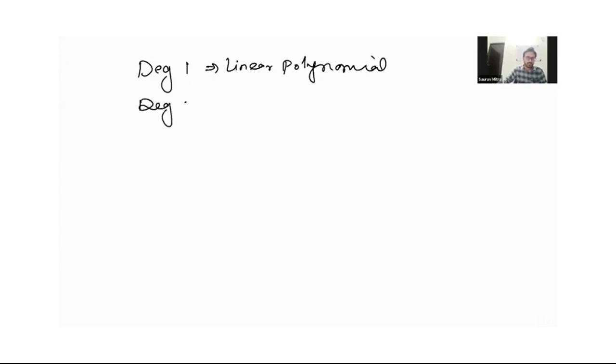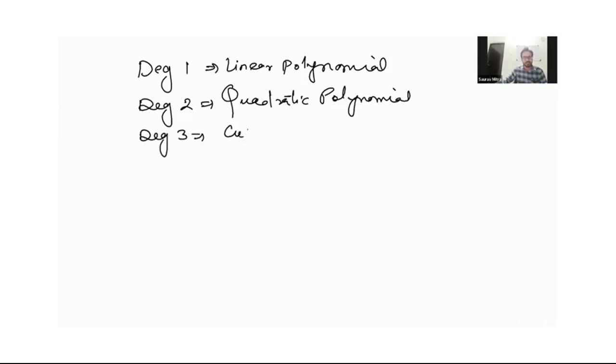Degree 2 polynomial will be called your quadratic. Degree 3 polynomial will be called your cubic polynomial. So for more than degree 3 we just call it a polynomial, but for degree 2 and 3, we have specific words called quadratic and cubic.